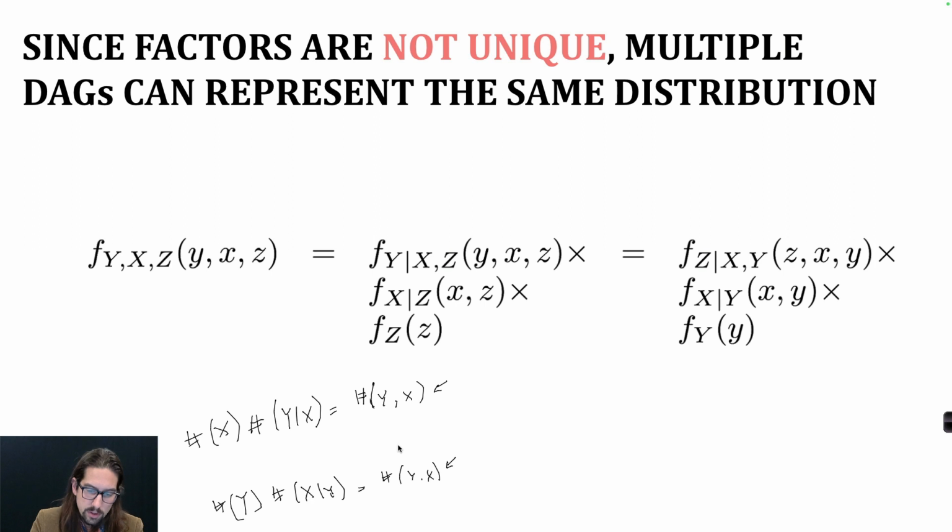And now these are the same number, right? So that means this is the same number as that. And this is exactly this kind of factorization, right? This joint distribution, or count of two things happening at the same time, I can write as either the product of the marginal of x times the conditional of y given x, or as the product of the marginal of y times the conditional of x given y.